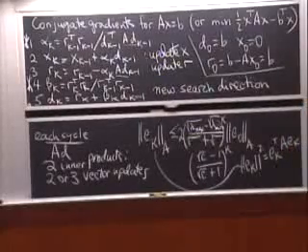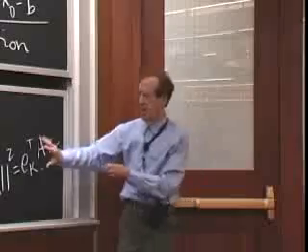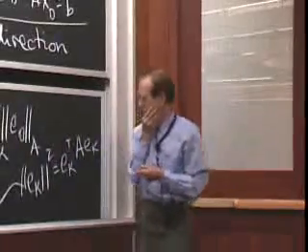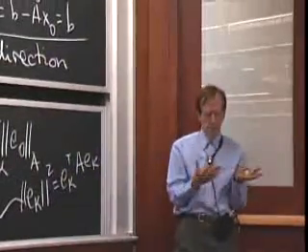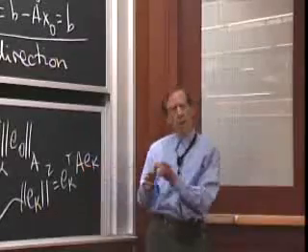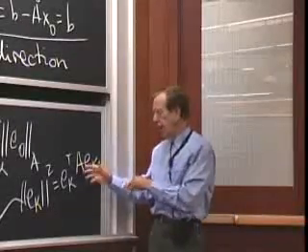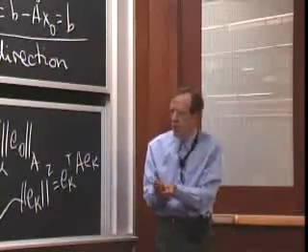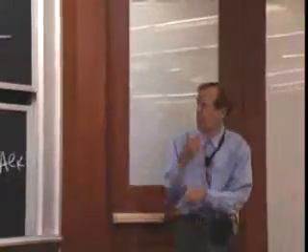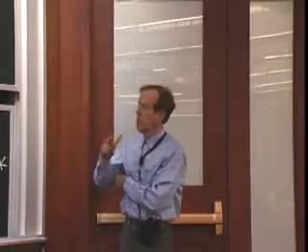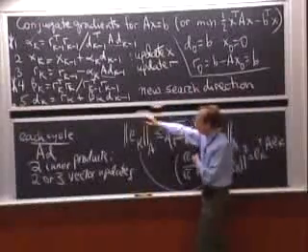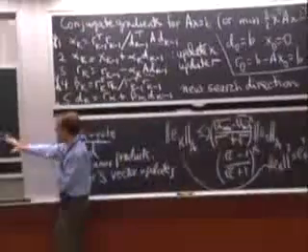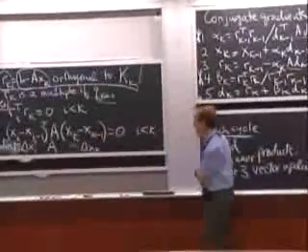I suppose a little part of the message here and on that middle board is that it's just natural to see the matrix A playing a part. Conjugate gradients brings it in naturally. These formulas are just created so that this will work. Okay.